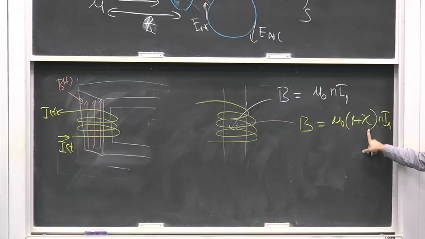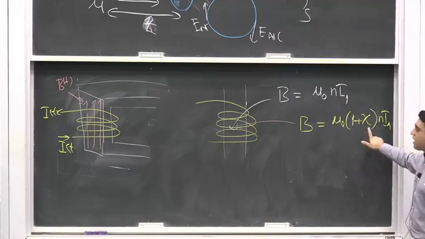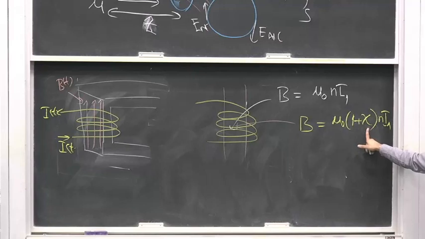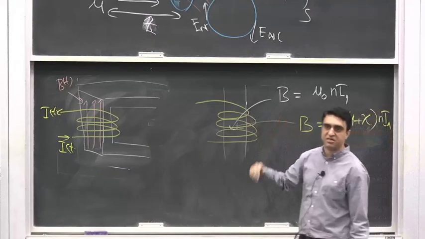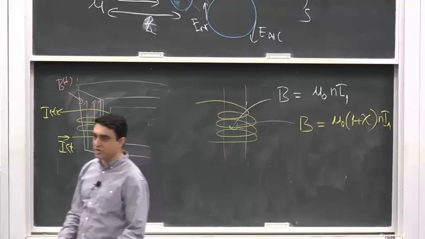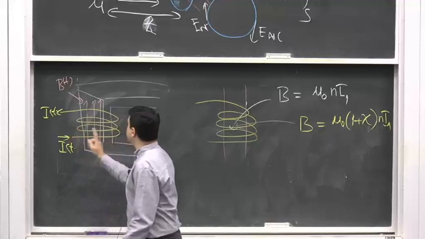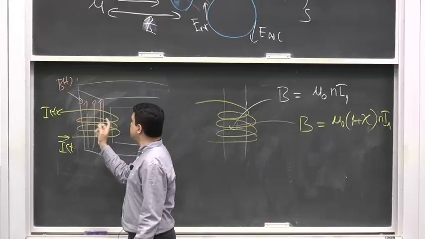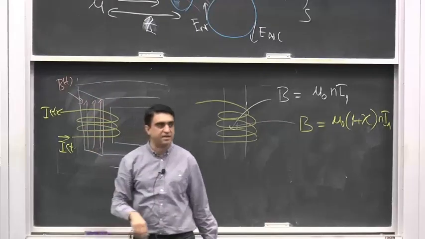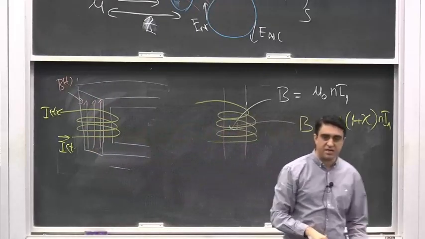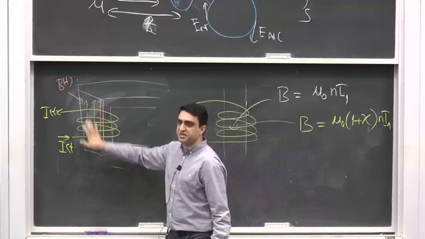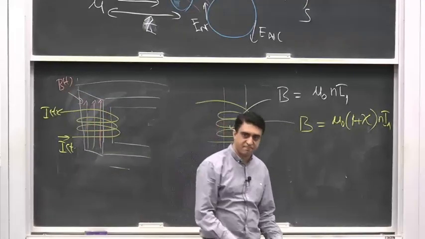If it is a paramagnet, you are increasing the magnetic field. If it is a diamagnet, chi m is minus, so you are decreasing the magnetic field. And if it is a ferromagnet, this chi, which is magnetic susceptibility, is a very large number, so you are increasing your magnetic field by a large factor. So by putting a ferromagnetic material around, you are increasing your magnetic field strength inside it.